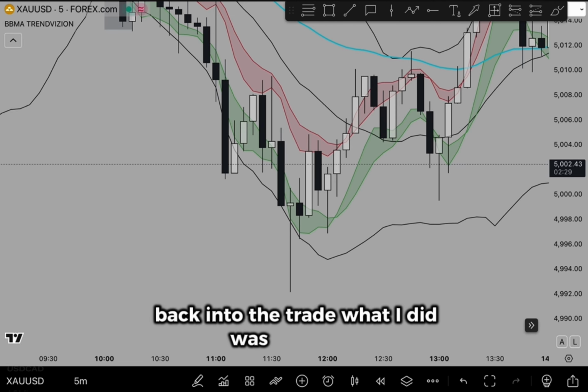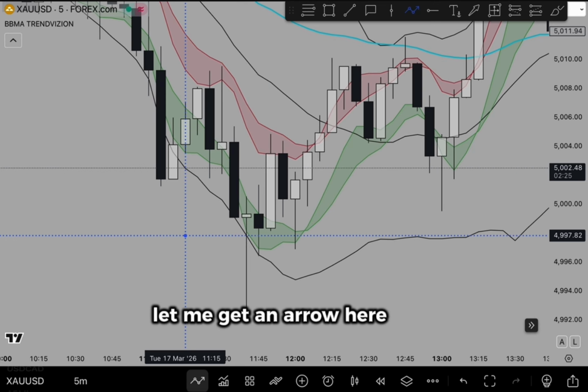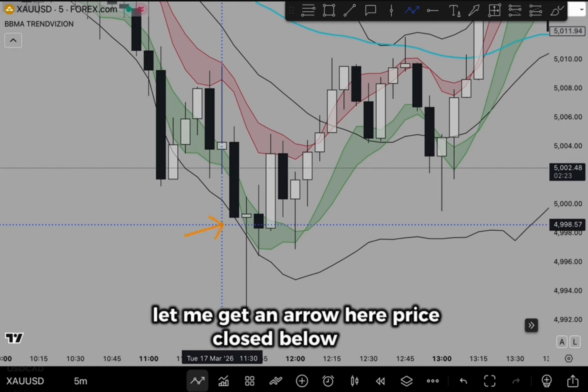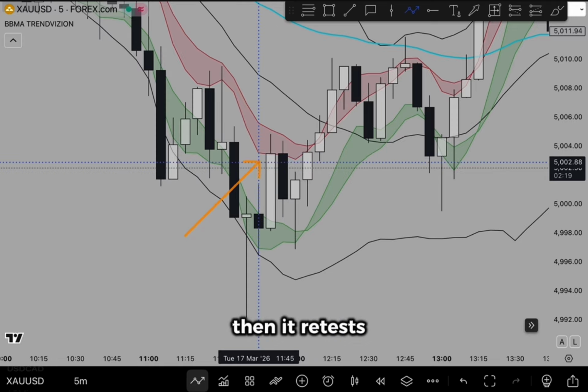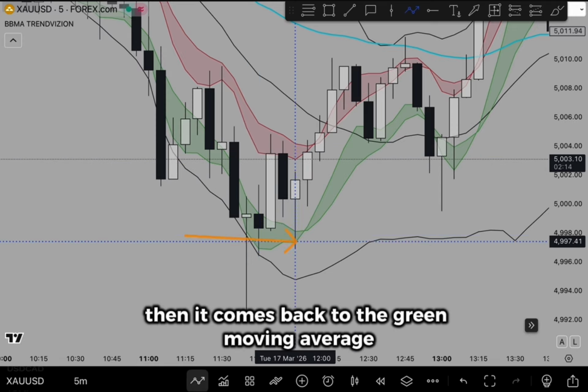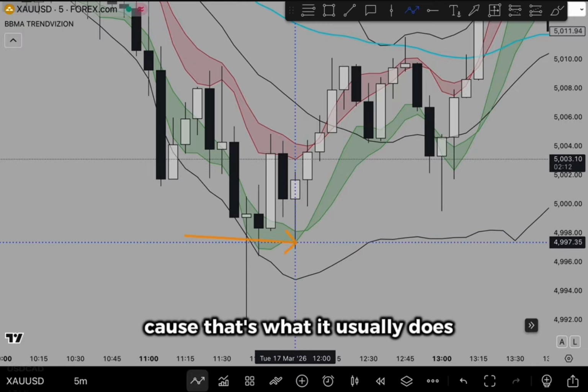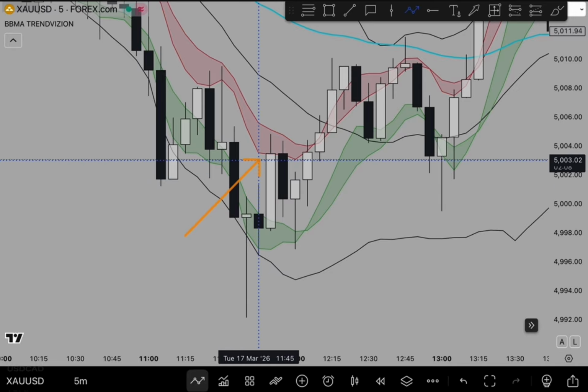What I did was I saw that, let me get an arrow here, price closed below here, so there's still momentum downwards. Then it retests, it comes back to the green moving average, because that's what it usually does if it has made a successful retest.